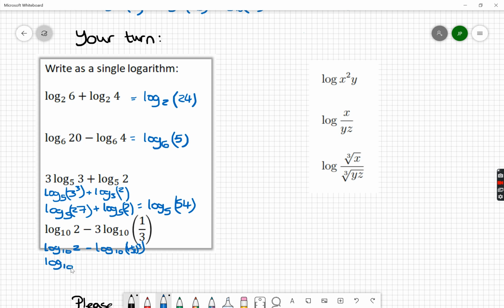So I'll have log base 10 of 2 minus log base 10 of 1 over 27, which can be rewritten as log base 10 of 2 plus log base 10 of 27, because 1 over 27 will be 27 to the power of minus 1. Bring the minus in front to make that a plus instead. So this will become log base 10 of 54.